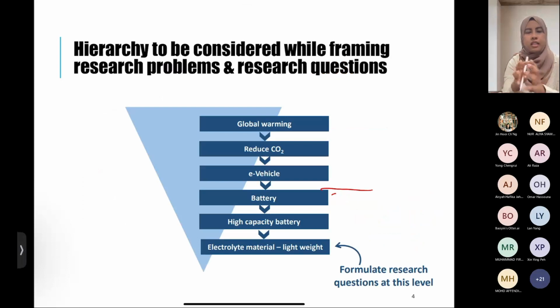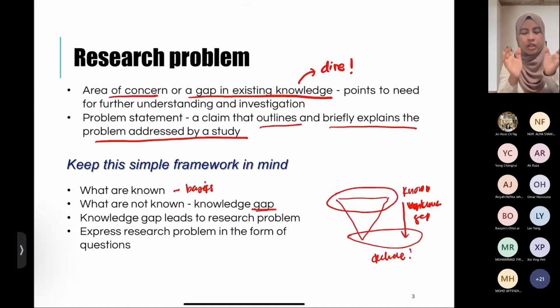So this is the hierarchy to be considered while framing the research problem and also the research question. Okay, I just pick one example to highlight how the inverted triangle works. How we formulate from the things that we know to the research gap, from the gap to the research problem, to the research question, and eventually the objective that you want to achieve.